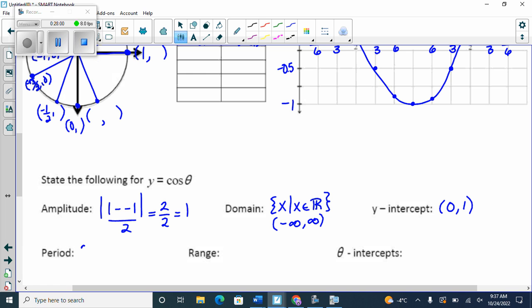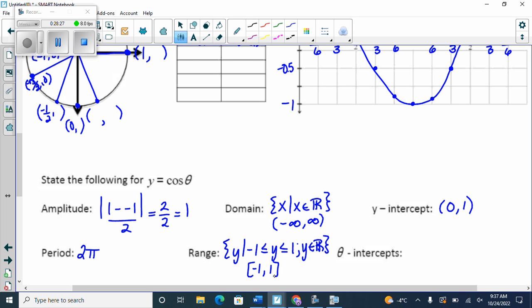This one has a period of 2 pi because the x-axis is in radians. It has a range from negative 1 to 1 still. The only thing is this is a horizontal phase shift. They call it horizontal phase shift and vertical displacement instead of vertical translation and horizontal translation. It's the only unit that they change the wording for.